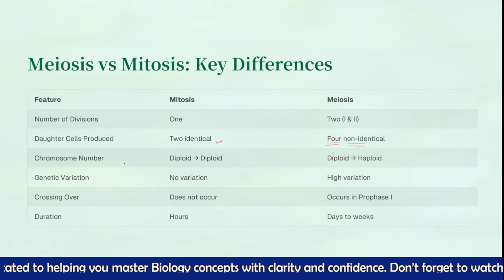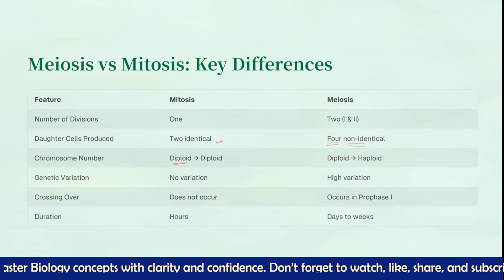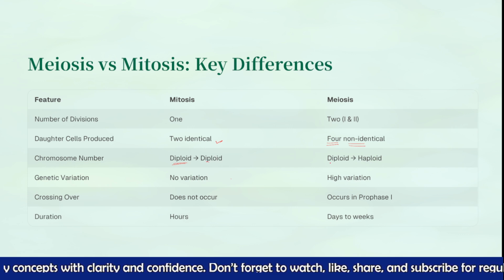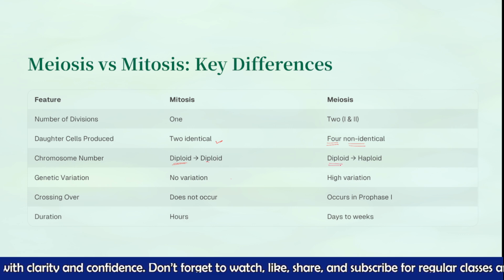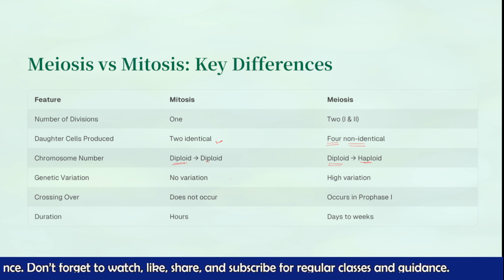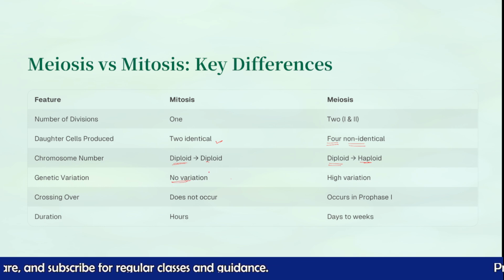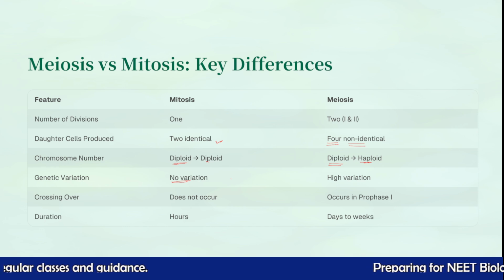Then in mitosis the chromosome number stays the same: a diploid cell gives diploid chromosomes. But in meiosis, from the diploid cell there is a haploid number of chromosomes. In mitosis there is no genetic variation. Whatever the chromosomes, they remain intact, and the same is copied and given to the daughter cells.